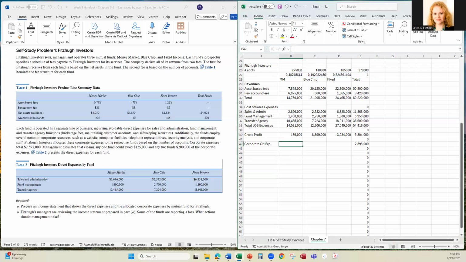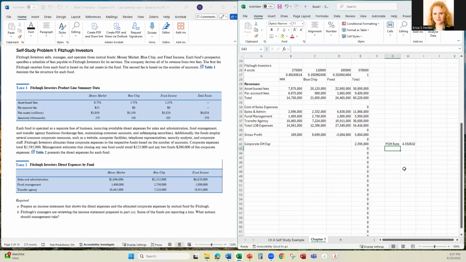Okay, so then we're going to allocate this by taking that percentage. So the rate to assign it, the other alternative is to use the predetermined overhead rate, where we would take the amount of the budgeted expense here and divide it by the 570,000 accounts, right?